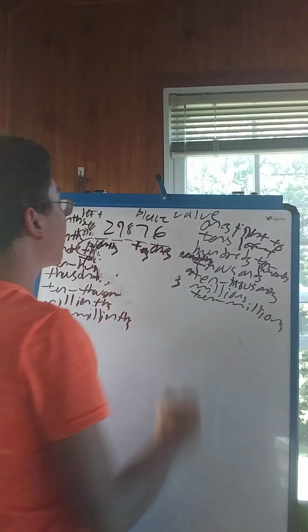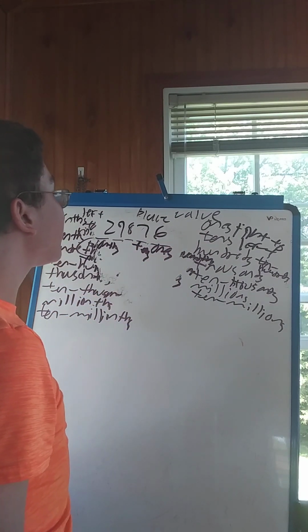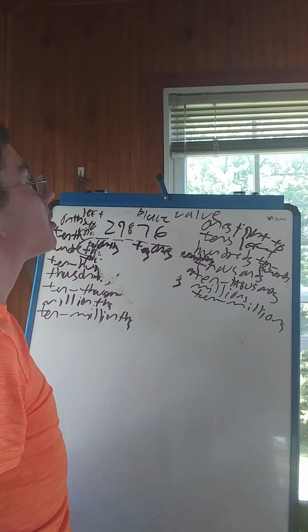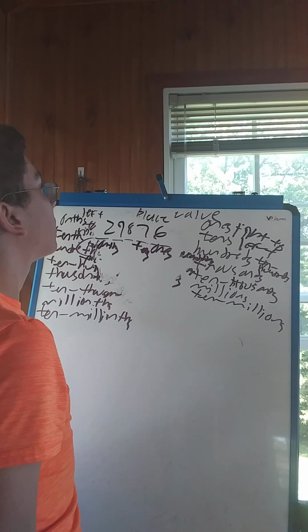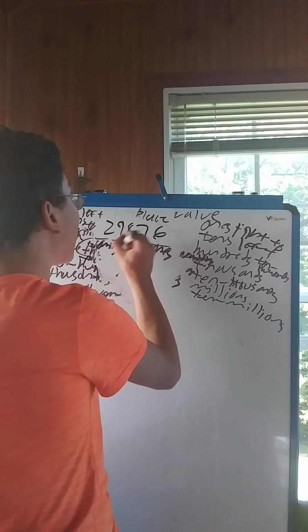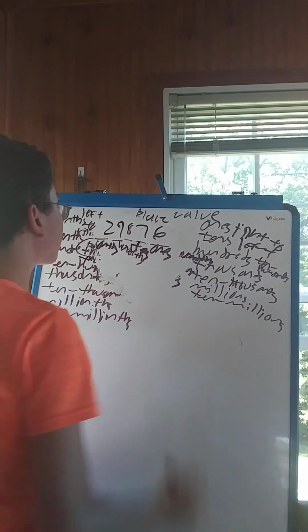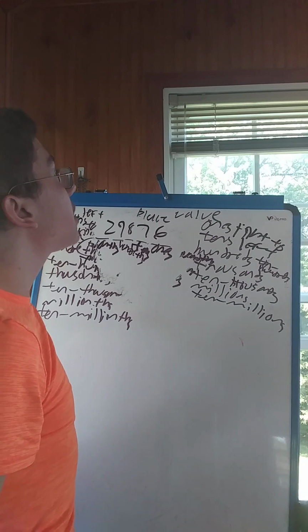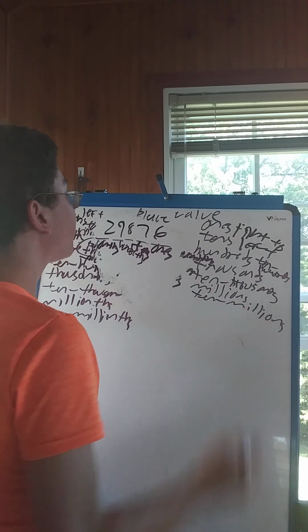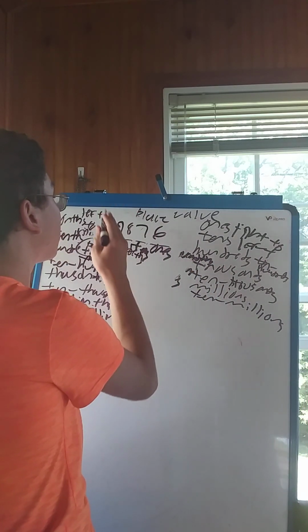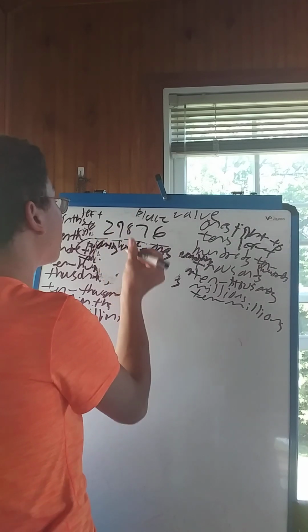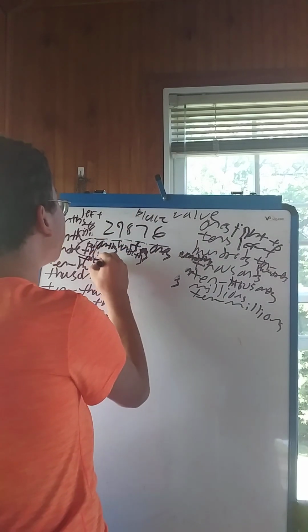Okay, the 8 going left to right. Yes, hundredths. Okay, the 2 going from right to left. Yes, thousandths, because there's 5 places.